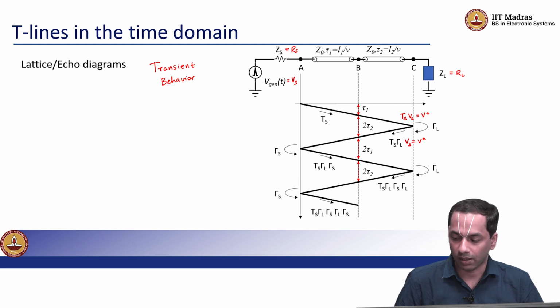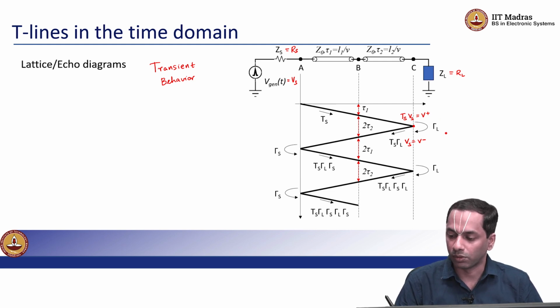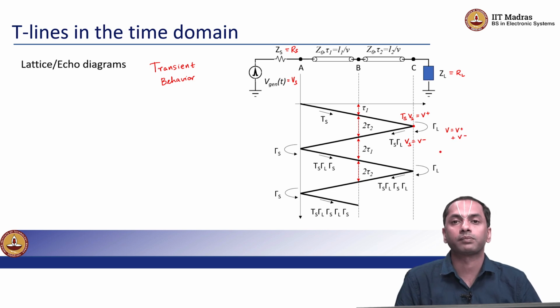Now, if I wanted to find out what is the voltage at C, just when the pulse has arrived at C, all I have to do is say that V is V plus plus V minus. I have to just simply add the forward going voltage and the reverse going voltage at any point to get the voltage there.